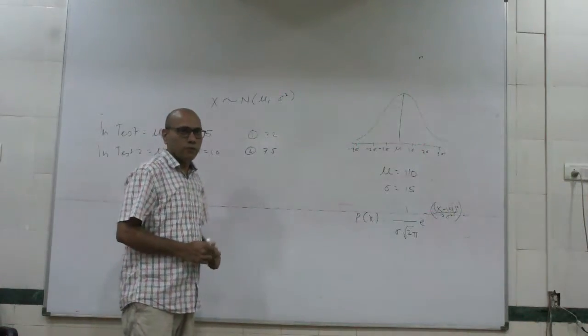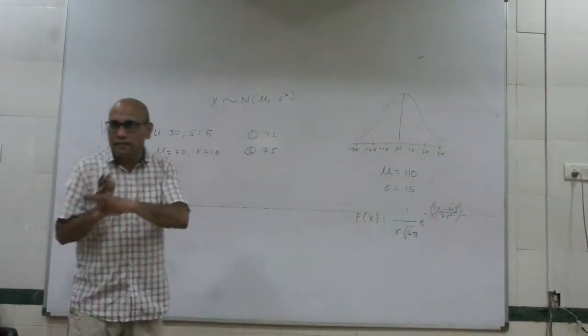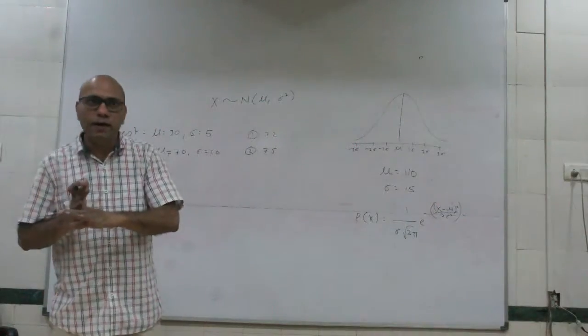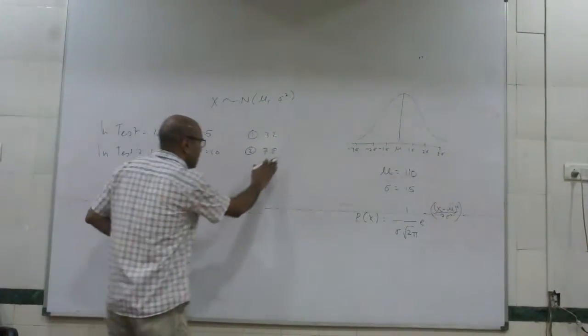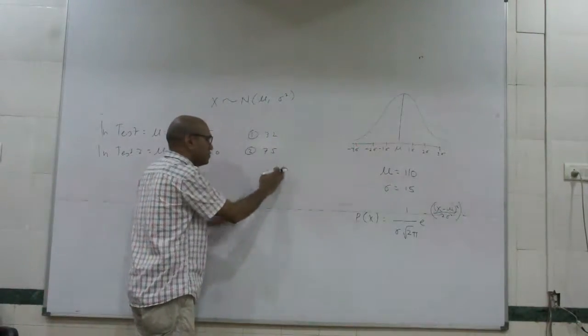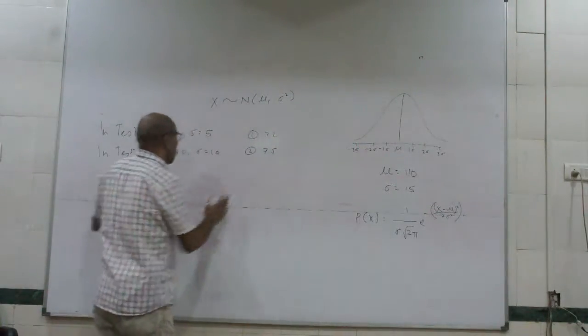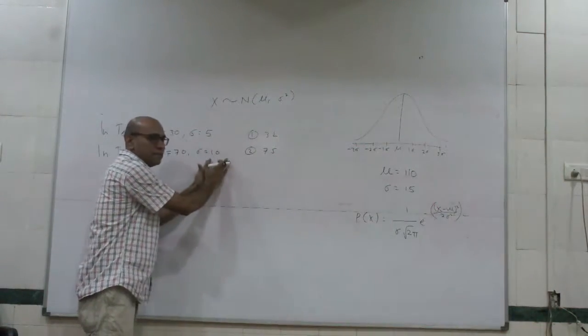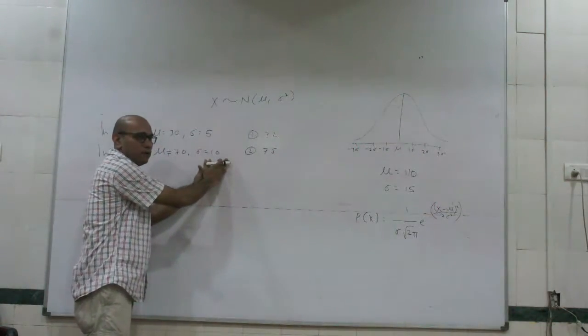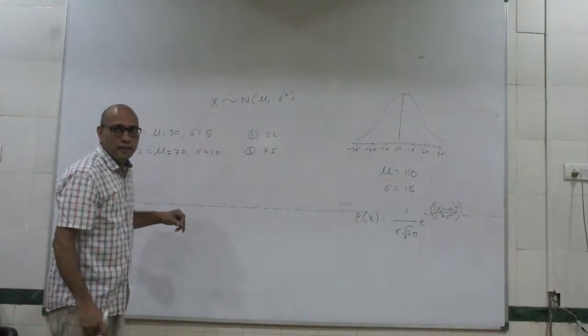So I need to rescale their values and then I should be able to compare those values. Why can't I compare 32 and 75? Because the 75 has come on a distribution that has a mean 70, sigma square 100, sigma equal to 10.